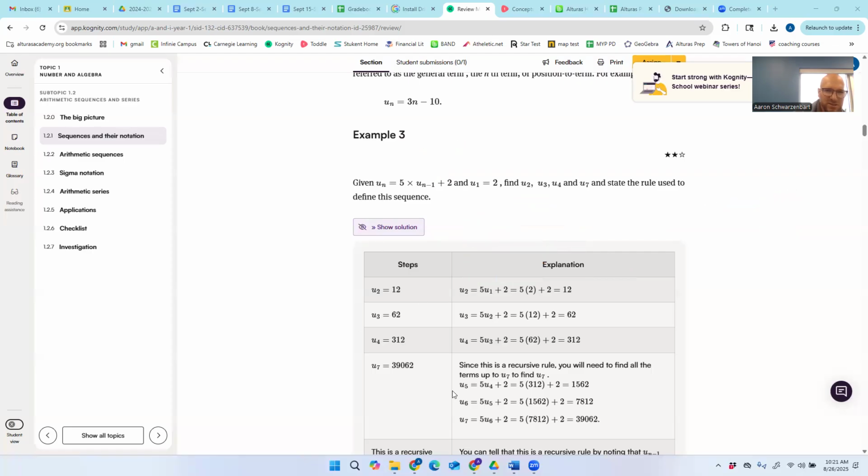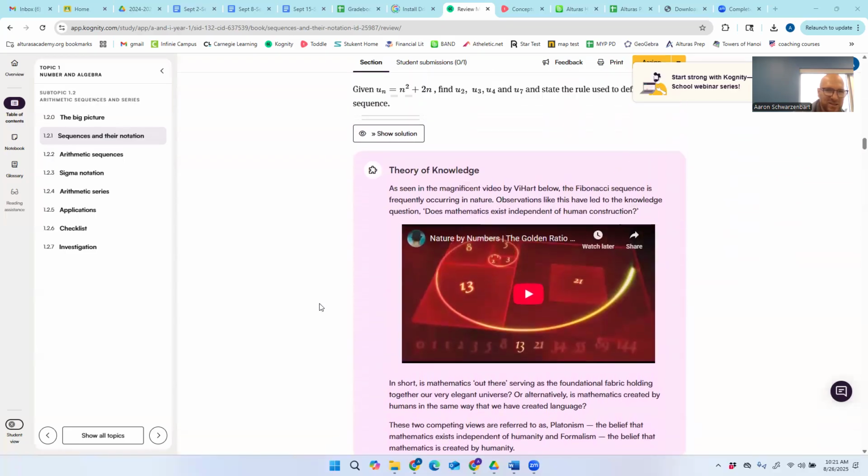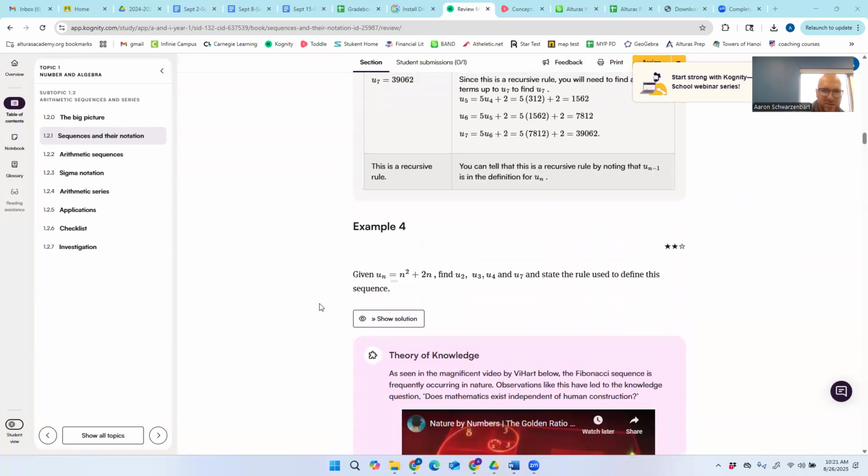There's also explicit formulas which allow you to jump straight to like the seventh thing. So here, this one is a little easier. N, N being the term number, so U2 here, or U sub 2. N is 2, that's 8.